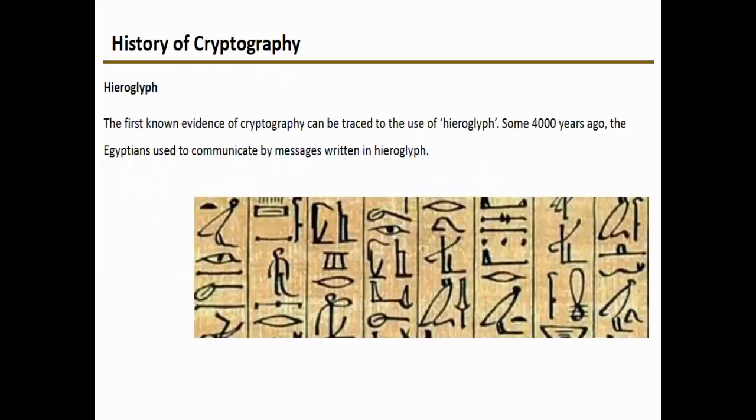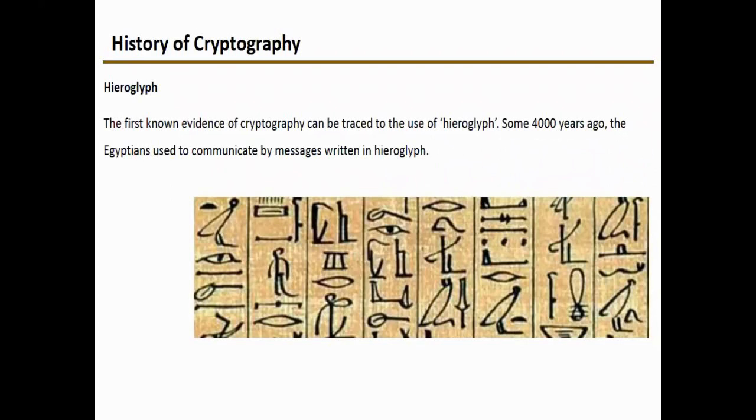The first sort of cryptography we find when we go back in history is from some 4,000 years ago, when people discovered something called hieroglyphs. Hieroglyph is an Egyptian way of describing things using symbols to describe an action or a story.